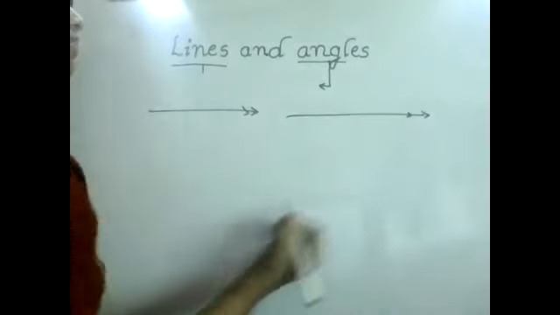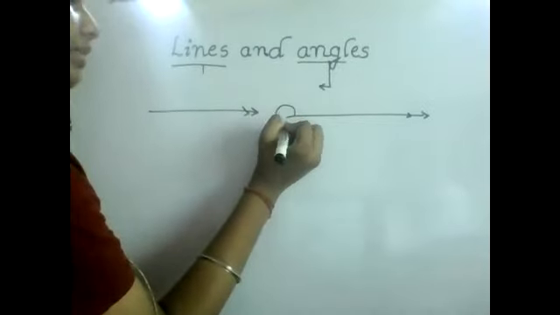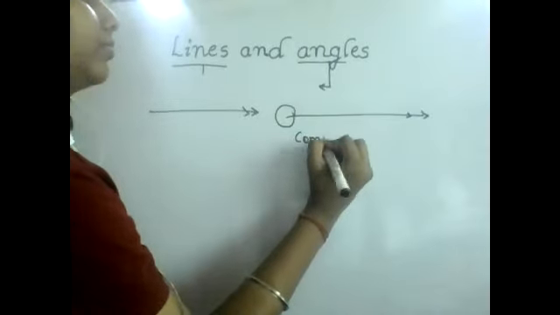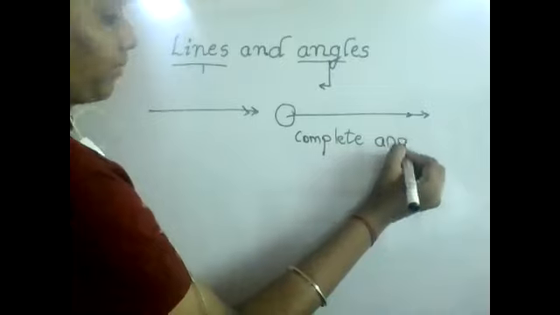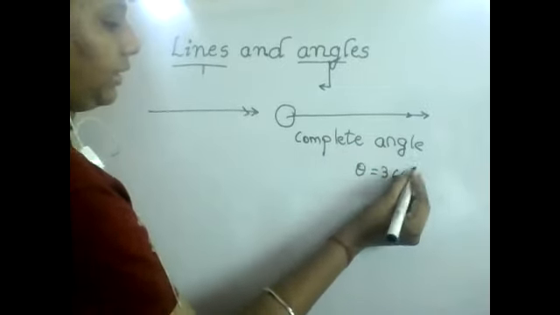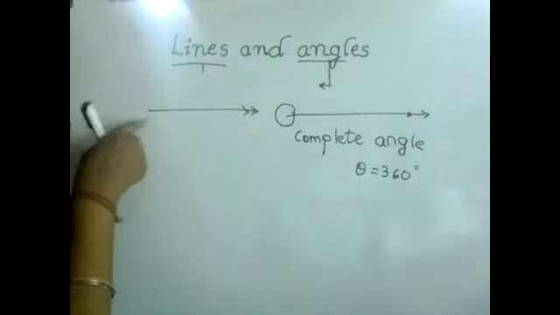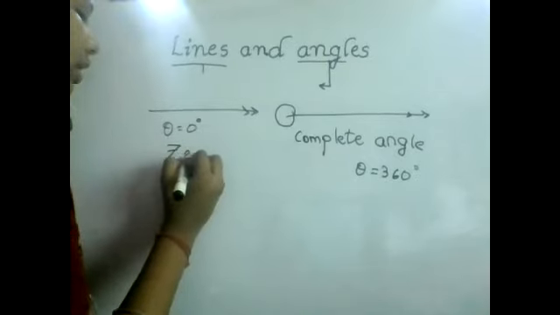If it is marked with a circle, then it is a complete angle, and theta will be 360. If they didn't mention it, then theta will be 0 degrees, so it is known as the zero angle.